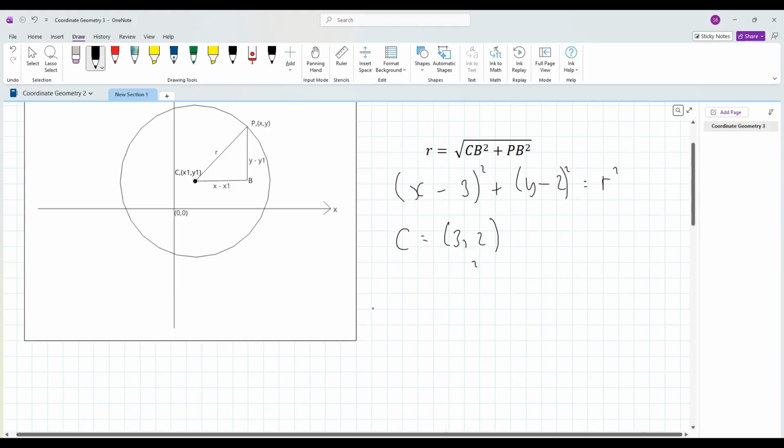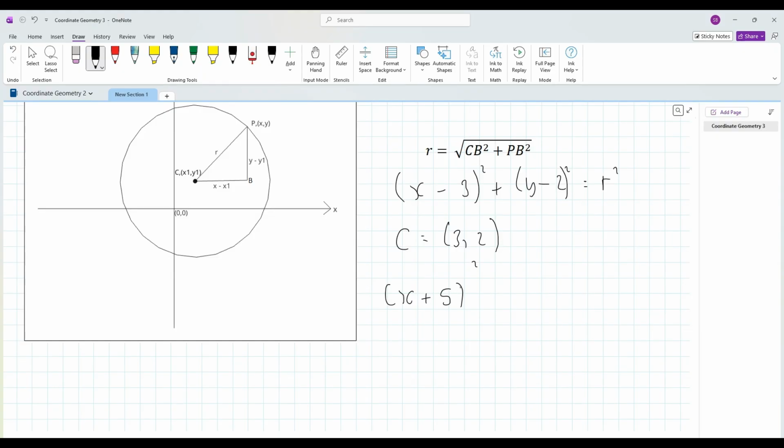Say we have the equation (x plus 5) squared plus (y minus 2) squared equals 25. Now, as previously stated, the centre of the circle is always the opposite sign of what is in the brackets.